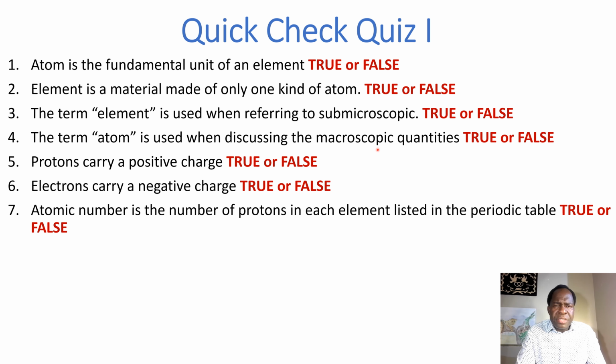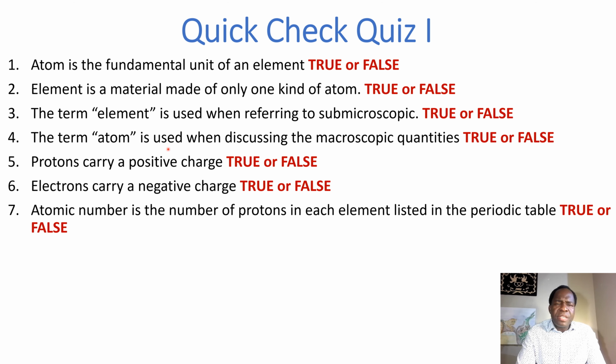Here is a quick check quiz for you, just to check your knowledge. Quick check quiz 1. Question 1: Atom is the fundamental unit of an element. True or false? Element is a material made of only one kind of atom. True or false?